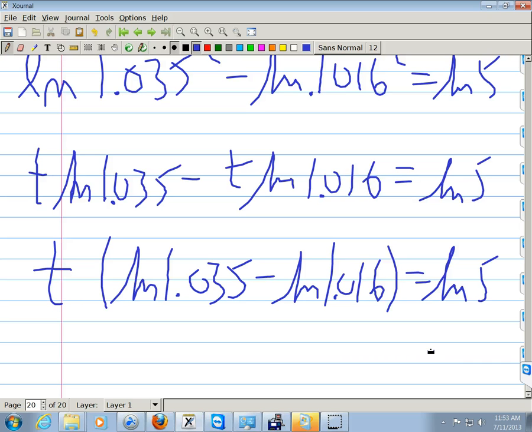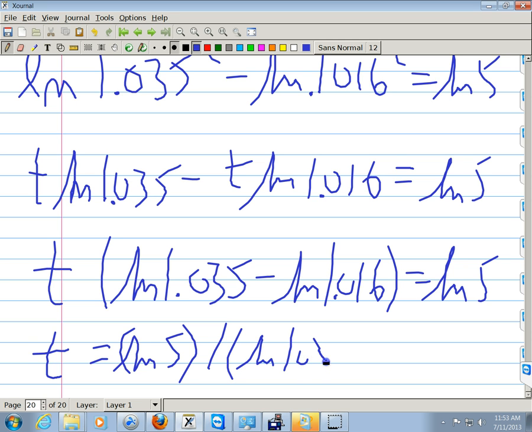It's a mess, but there you go. So T is ln of 5 divided by ln of 1.035 minus the ln of 1.016, where the decimals are still here and here.